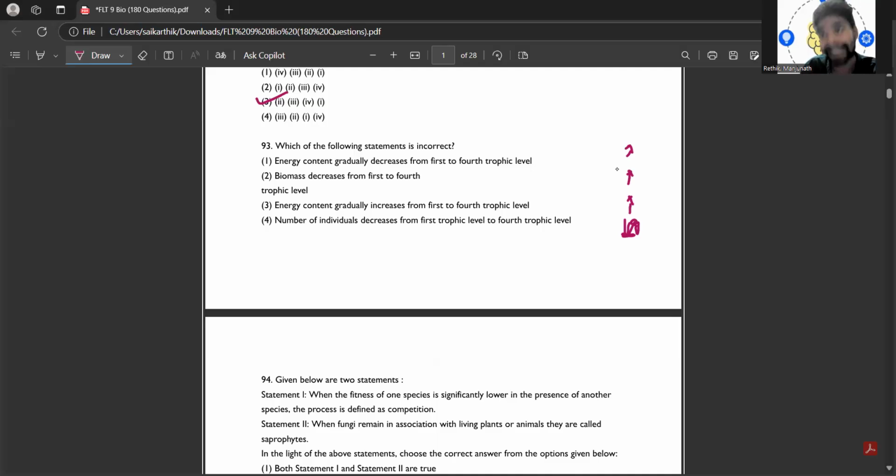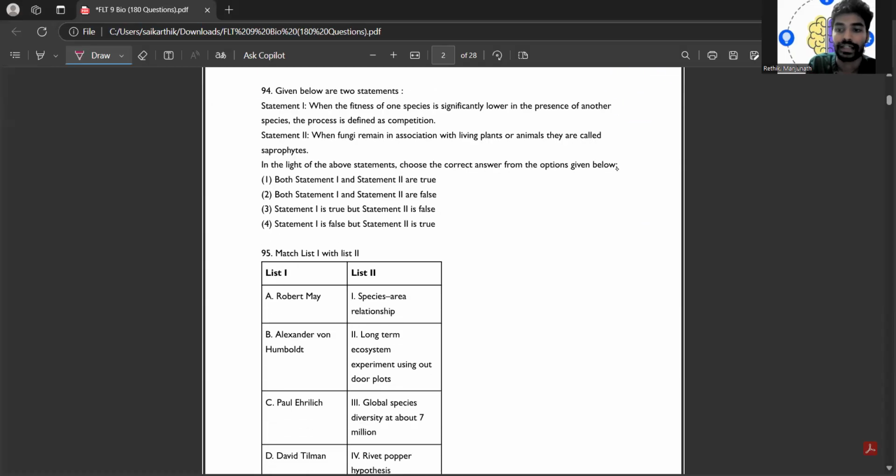It will decrease. Whatever net energy the grass has, lesser energy will be transferred to the consumers from the producers. Then carnivores will eat, so from the consumers, again lesser energy will transfer. Therefore, the third one is the wrong statement.